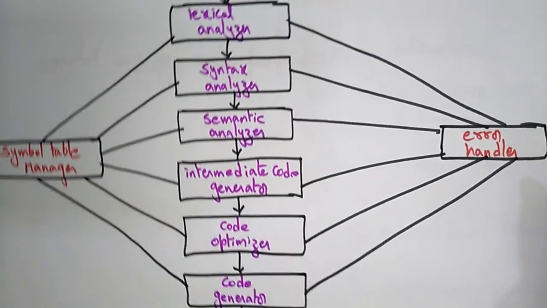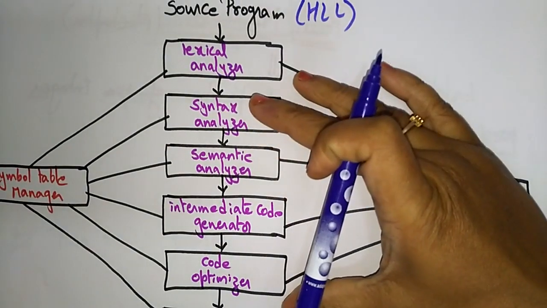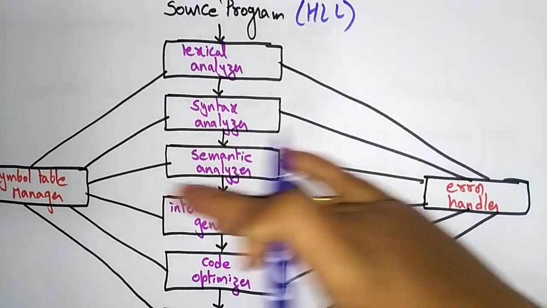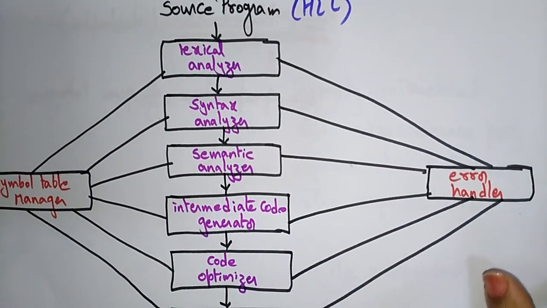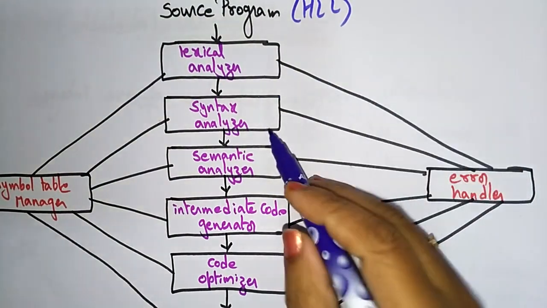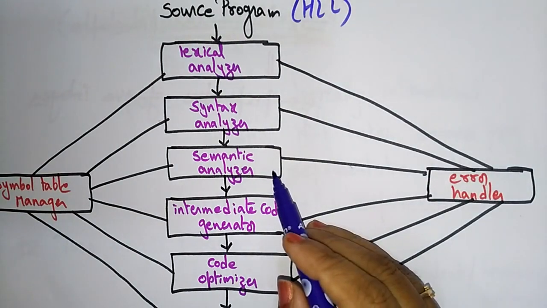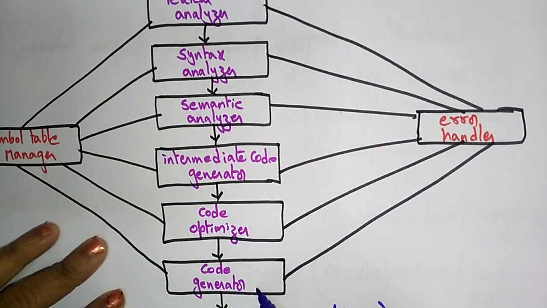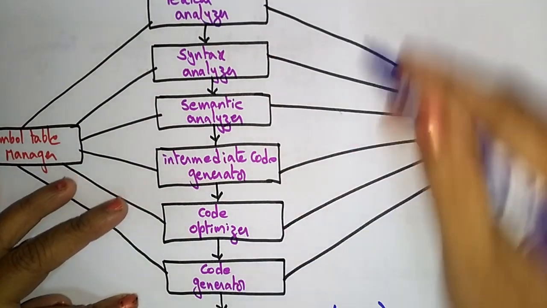What are the different phases present between the high level language and the conversion process? These are the phases: lexical analyzer, syntax analyzer, semantic analyzer, intermediate code generator, code optimizer, and code generator. In total there are 6 phases.